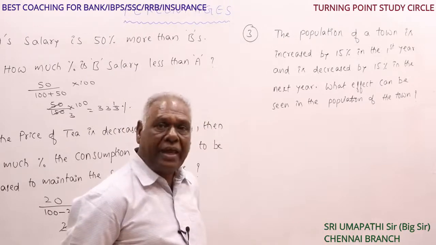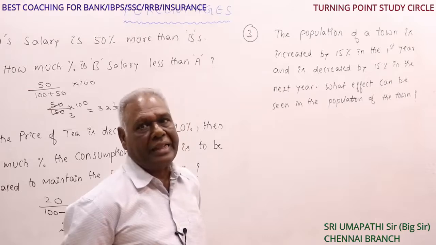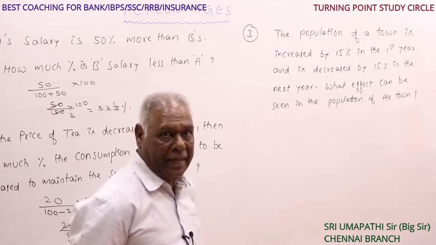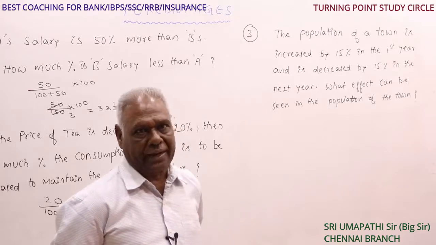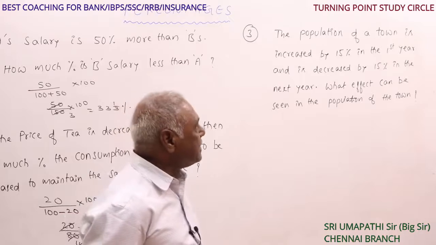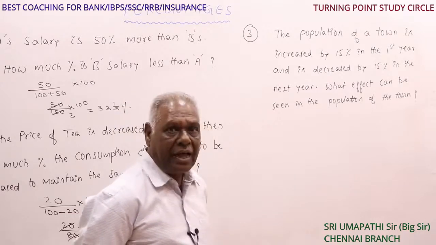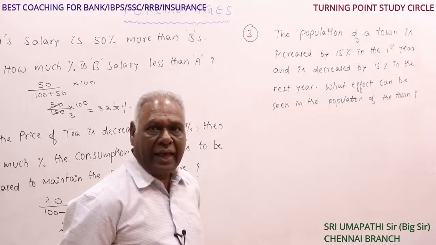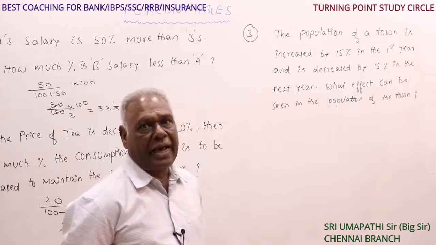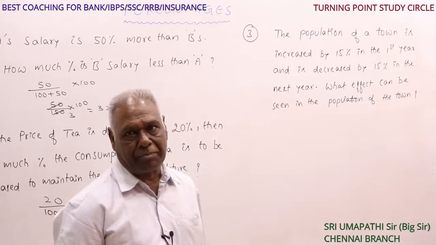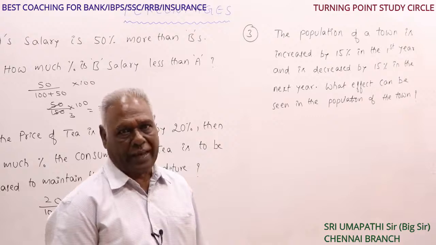It is simply a decrease, and that decrease percentage is given by x by 10 whole square. So here x is 15%, increase and decrease are both equal, hence overall is a decrease, and that percentage of decrease is given by x by 10 whole square.